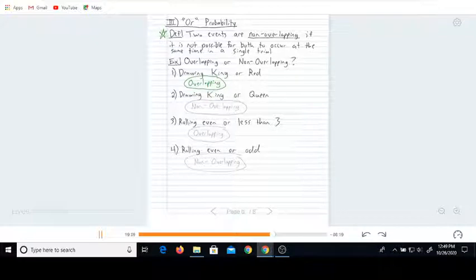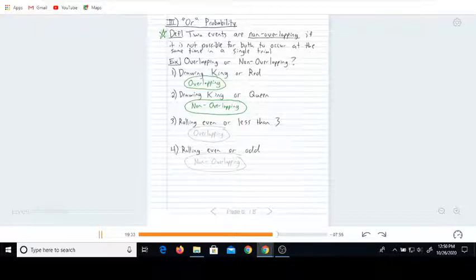Those are red kings. But is drawing a king or drawing a queen overlapping? Well, can you get a card that is both a king and a queen? No, that's not possible. So this is non-overlapping. Those 2 events cannot occur at the same time in a single attempt. What about rolling even or less than 3?